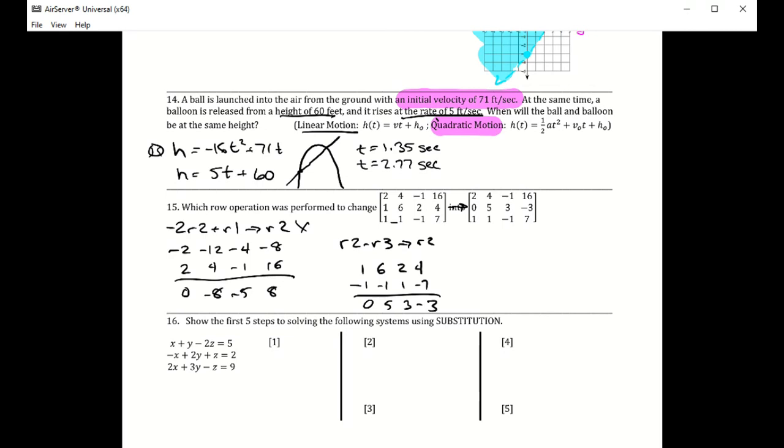And that's exactly what happened. So R2 minus R3 into row 2 is what worked. Sweet. All right, skip this one. If there's a question on the test that says use substitution, use whatever method works for you.